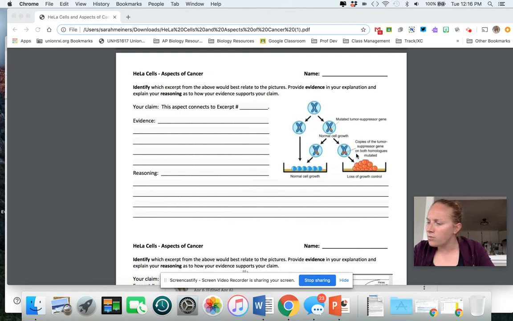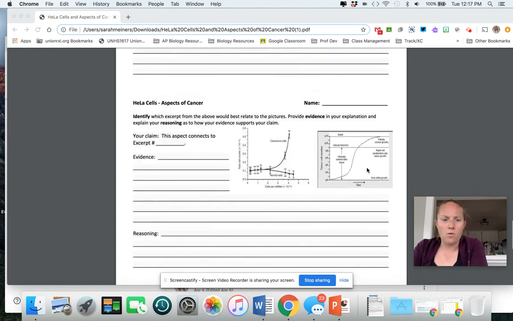So this one would also be number 4. I say number 2 or 4 because of this mutated tumor suppressor gene and also this clear lack of contact inhibition here, where it shows normal cells just even line up and it doesn't enable them to clump up because they stop dividing once they touch each other. Whereas this is clearly clumped up and it did not stop dividing once it touched another cell. So that would be number 2 or 4.